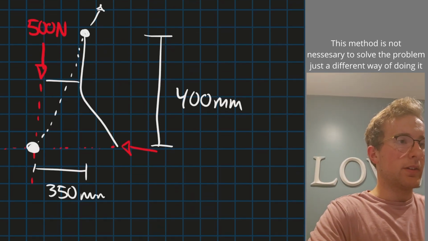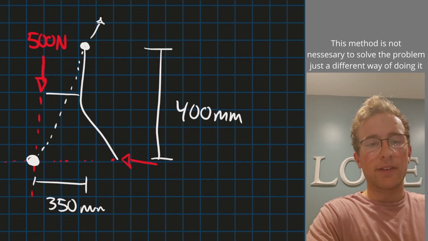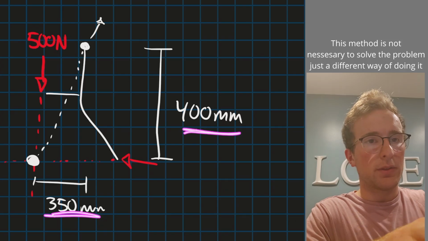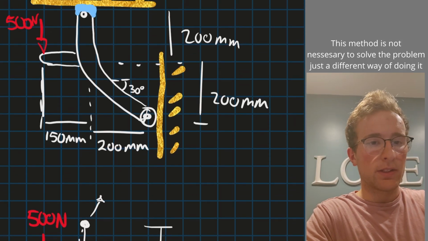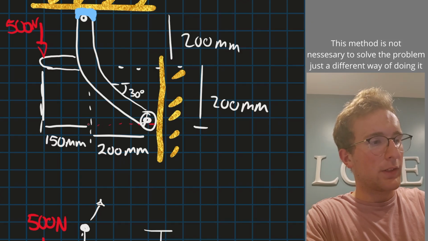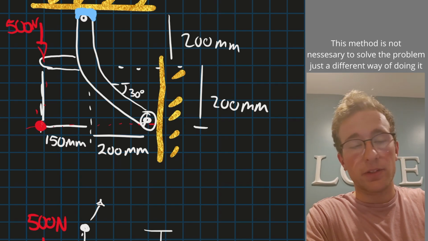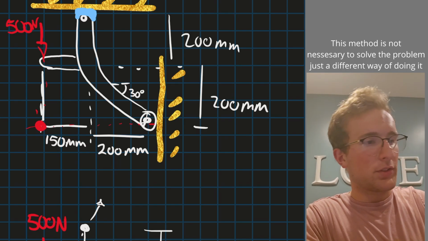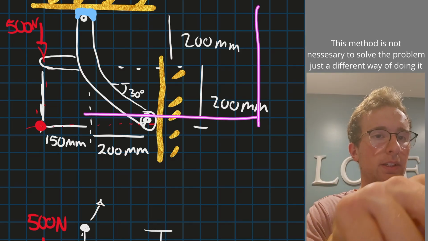Well, in the problem it's given as 400 and 350, just from the geometry. If you continue this force vector out, and this force vector out, the point where they must all intersect is 400 down, 350 that way.